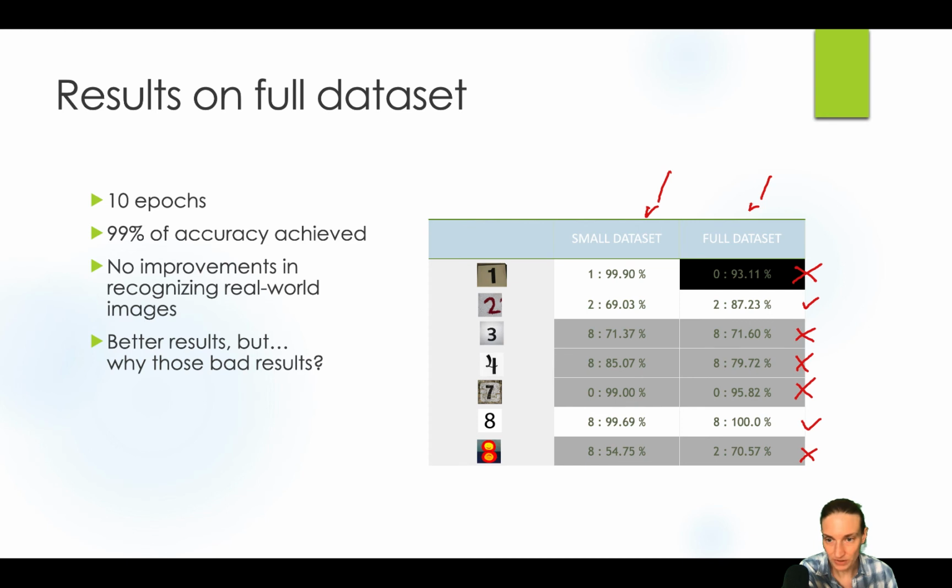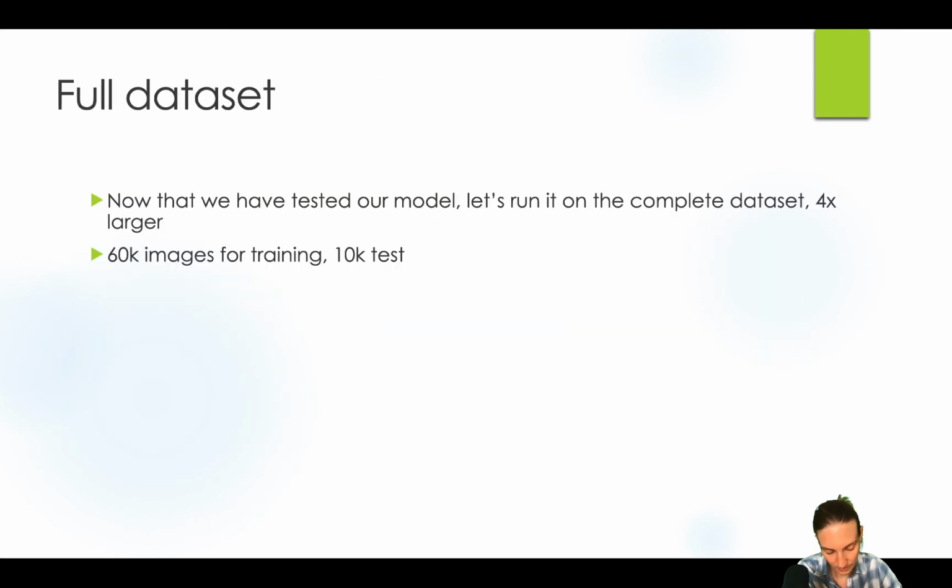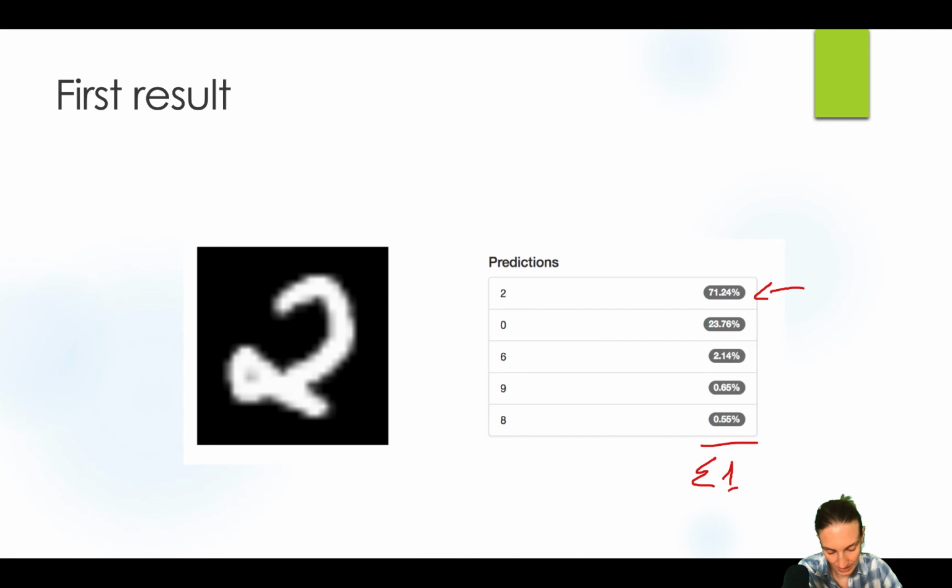So what happens? Do you have any idea why this gives a bad result? To understand this, we have to have a look at these test images and compare them with the original training dataset. If you recall, let's go back to the training dataset.